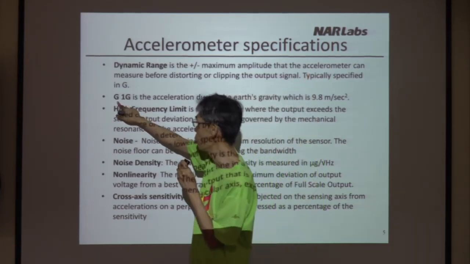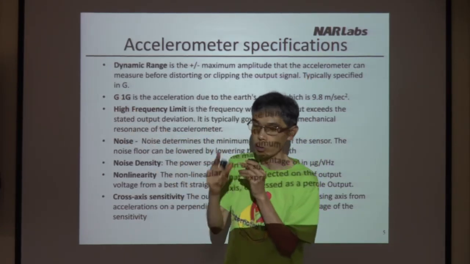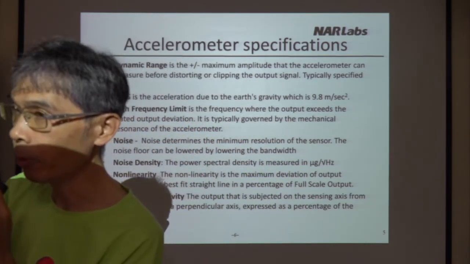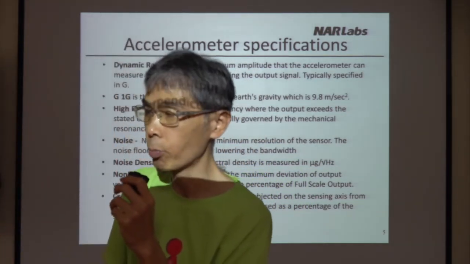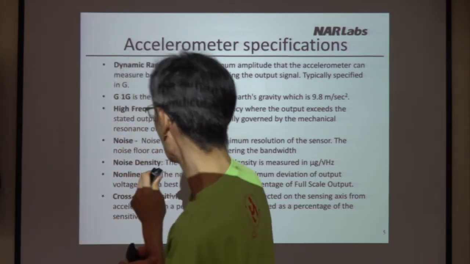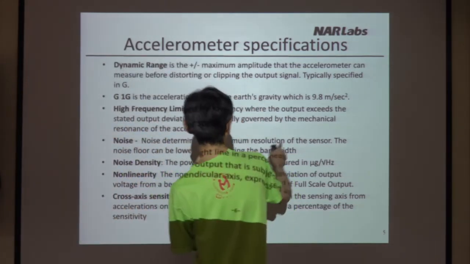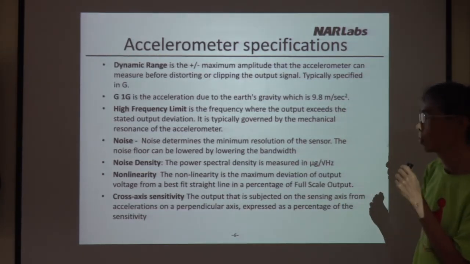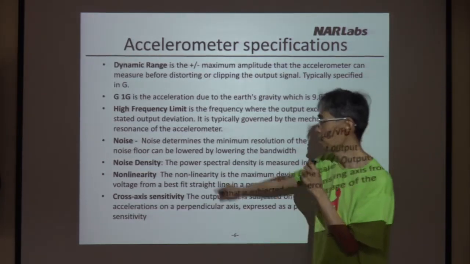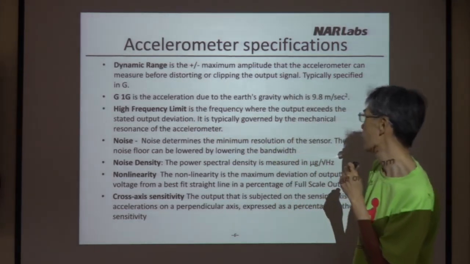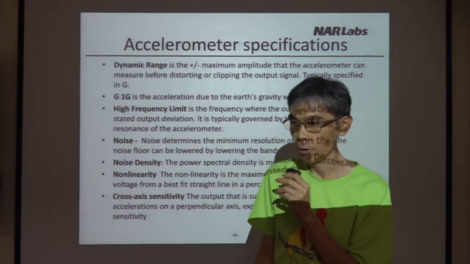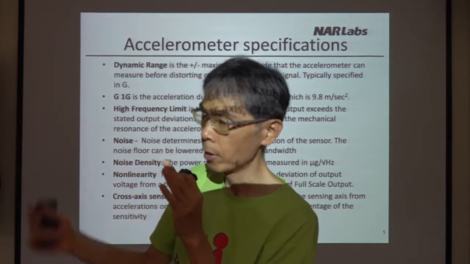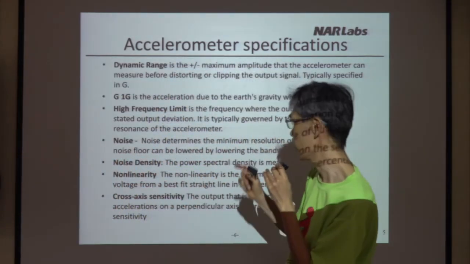The unit is G. Usually we use G as the unit, so G equals 9.8 meter per second square. And the high frequency limit is usually the bandwidth of your device.